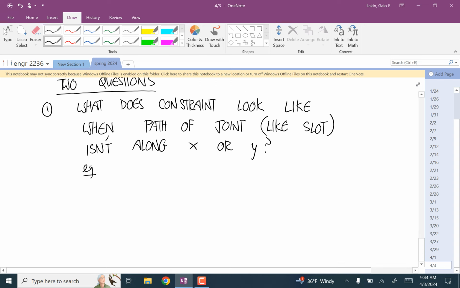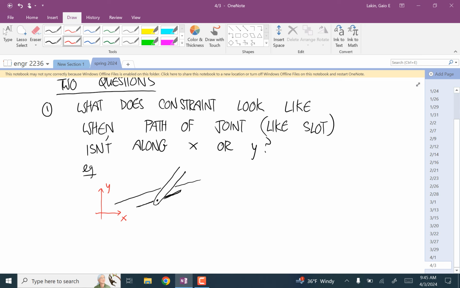So for example, what about if you have a member with a pin moving along a slot like this, that's in between X and Y. What would that joint constraint look like?